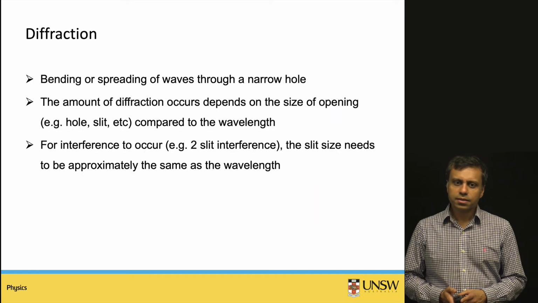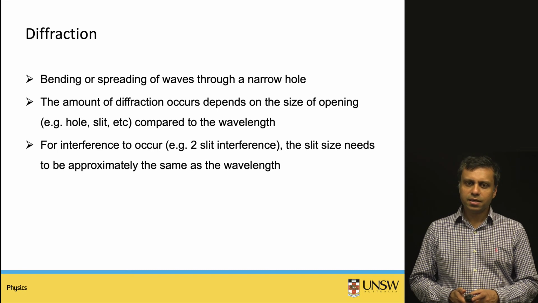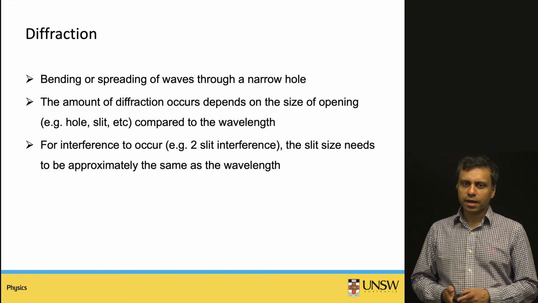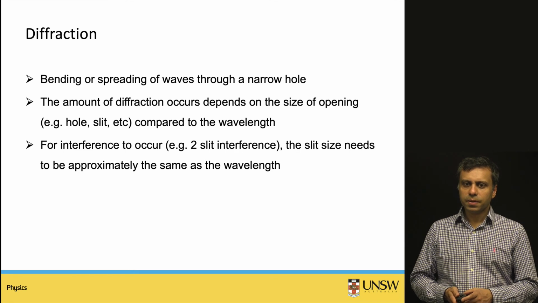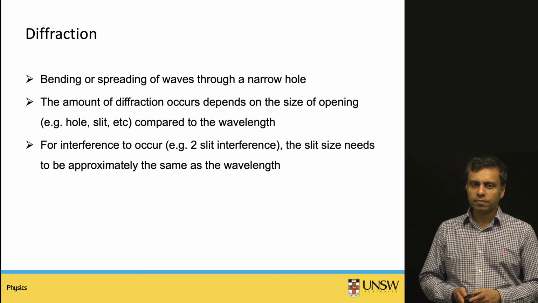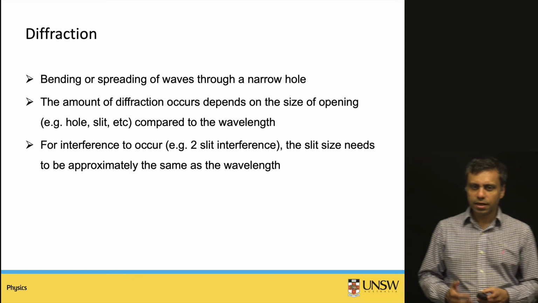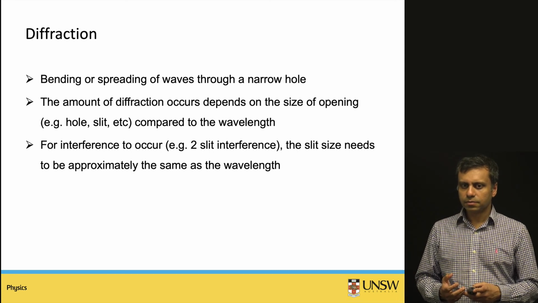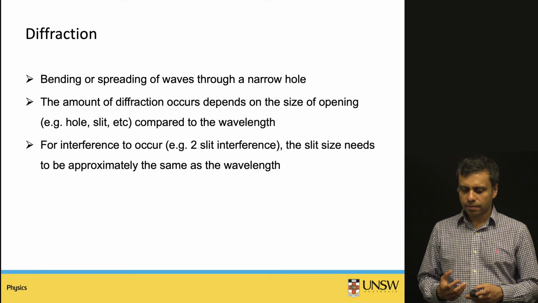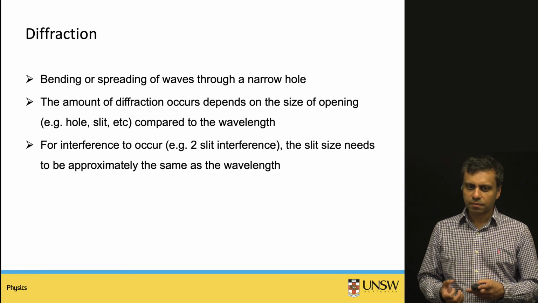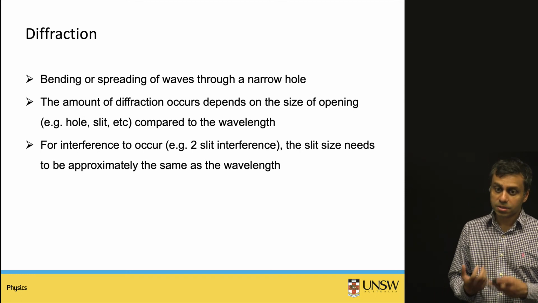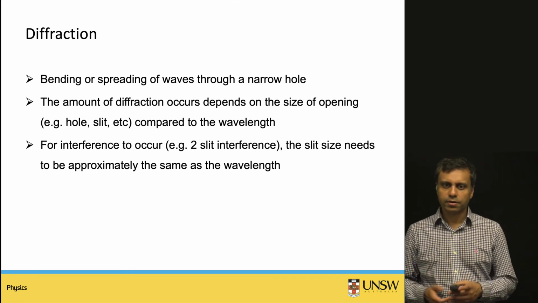So diffraction is basically the bending or spreading of waves through a narrow hole. The amount of diffraction depends on the size of the opening compared to the wavelength. So it's the relative width. It is the length scale, basically, the width versus the wavelength of the incident light, that determines how much diffraction will take place, as you have already seen.